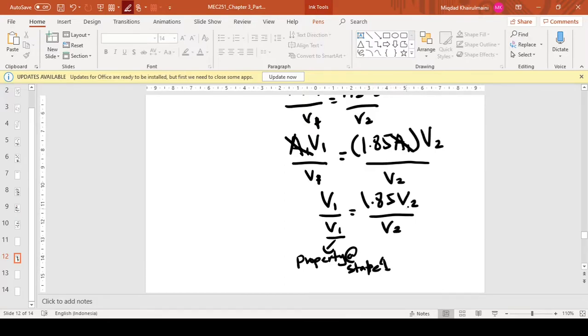We do have V2, the velocity at state 2, and we can find the specific volume at state 2 because it is a property at state 2. Basically we can solve for the velocity at state 1 using the conservation of mass principle.